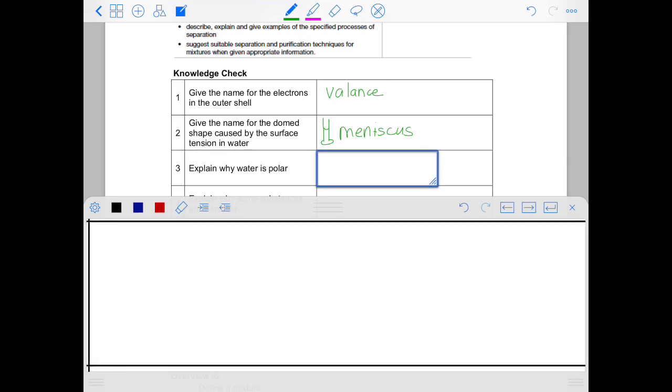Why is water polar? Hopefully you remember from year 8 that water has this bent shape, meaning that on this side where the oxygen is slightly negative, and on this side is slightly positive because the electrons are here in the bond and so we're seeing the nucleuses of the hydrogen. So it's polar because of its bent shape.